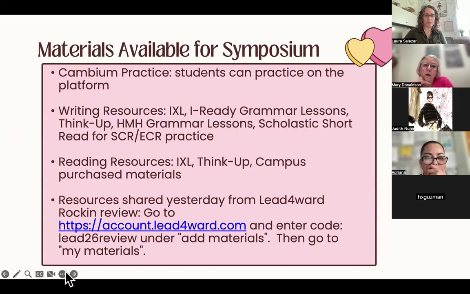Okay, Laura. So here are some materials that we know of that are available for symposium with the district. You can have kids get onto Cambium practice so that they get practice on the platform.